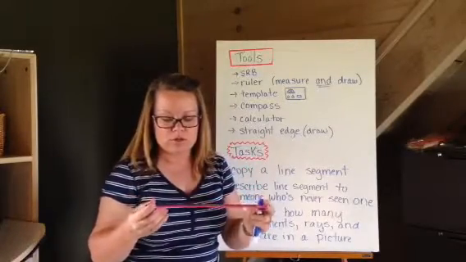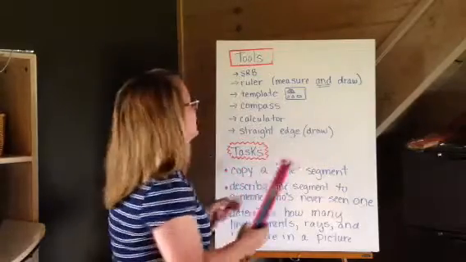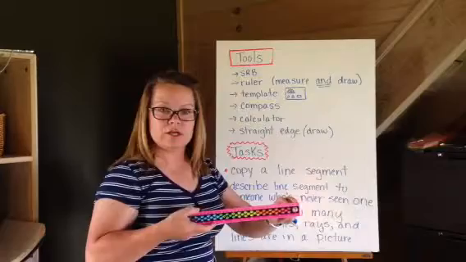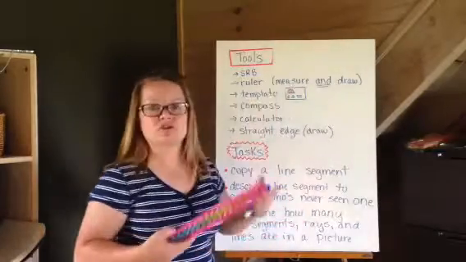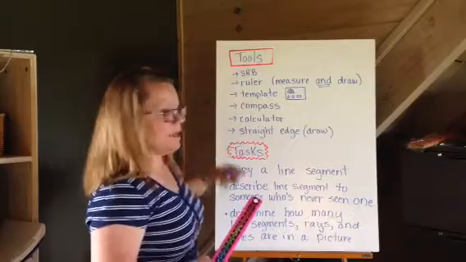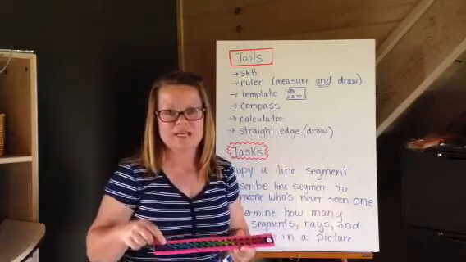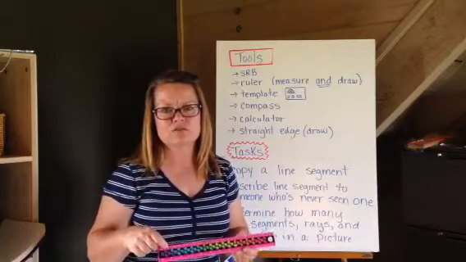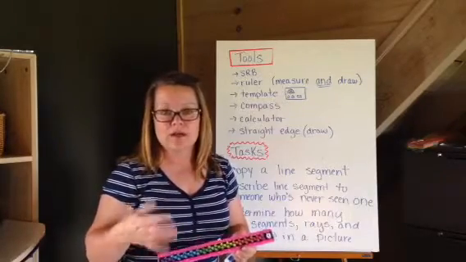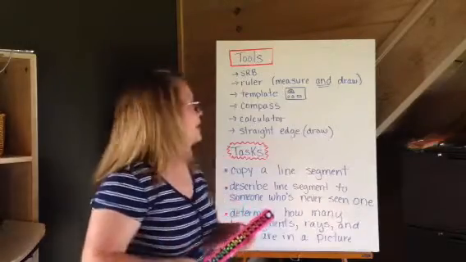A ruler has numbers on it, and we can not only draw a straight line, but we can also measure it. That's the difference between a ruler and a straight edge. A straight edge is not going to have those numbers. It's not going to tell us how long it is, but it will allow us to draw a straight line. We just won't know the length of that, so we'd have to use a ruler for that.